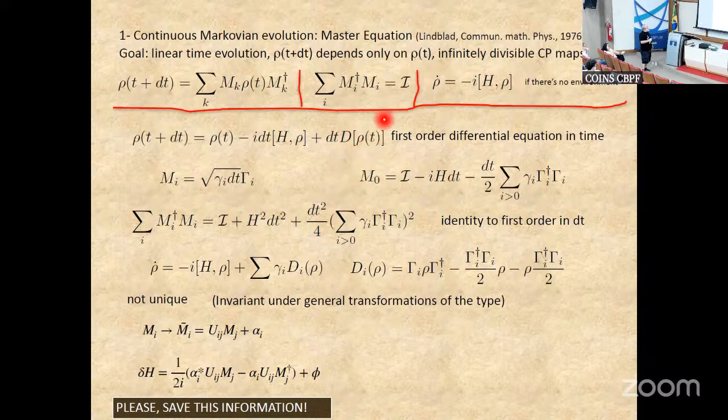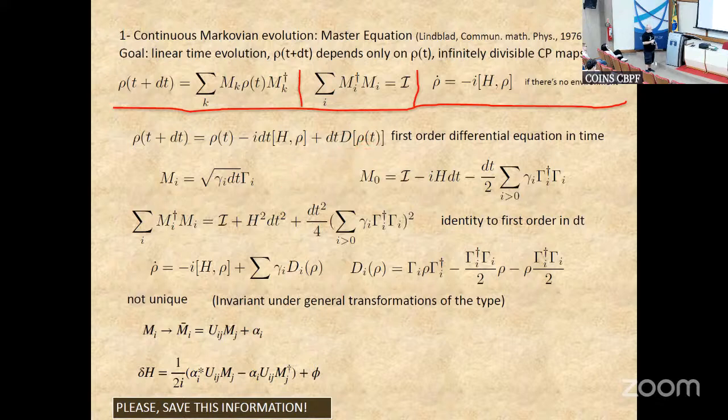So whatever is due to the channel, right? So the coupling to external degrees of freedom, I want it to come in this form, in first order in time and it should depend only on rho of t.